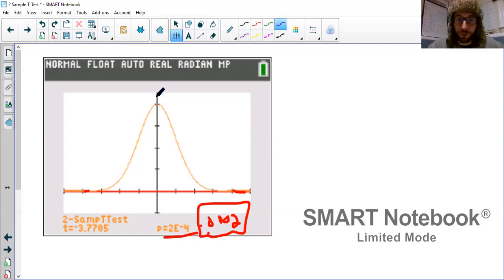If we were going to label, in the middle here we're assuming no difference in our sample means, and we would mark and shade our t-score of negative 3.77. That's a pretty bad job of negative 3.77. It's negative 1, 2, 3, 4. Notice that this does show more than 3 standard errors from the mean, and that's because it's hard to see when they're not on the same scale.